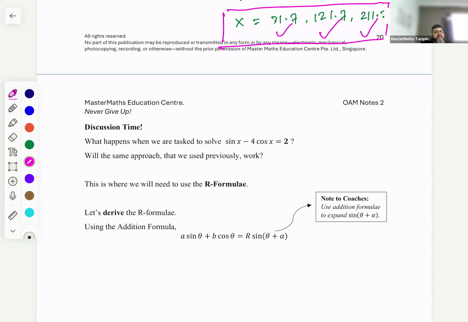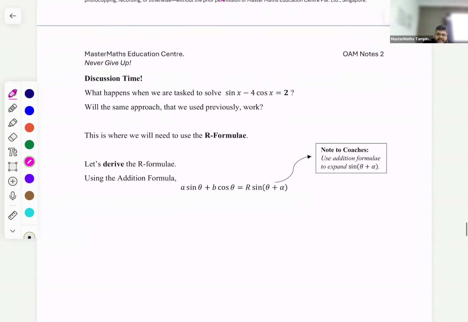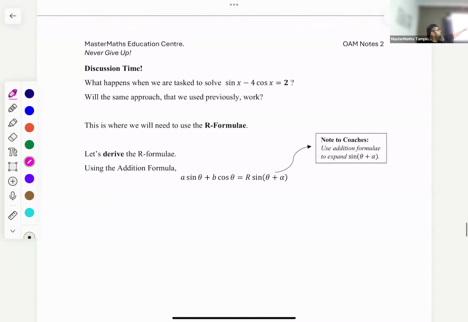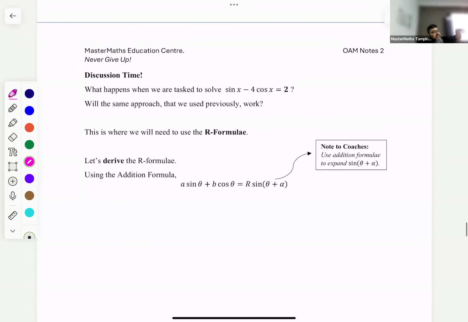The reason I'm just giving you a prelude to it is that next week I will come and straight away do the R formula. Remember, for the R formula we need to use your addition formula, sin A plus sin B. We need to find out how we can use the addition formula, of this format, to solve that kind of equation.